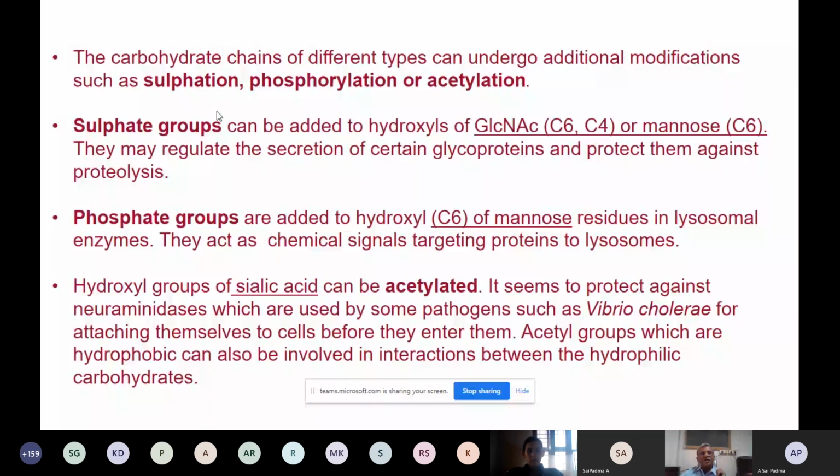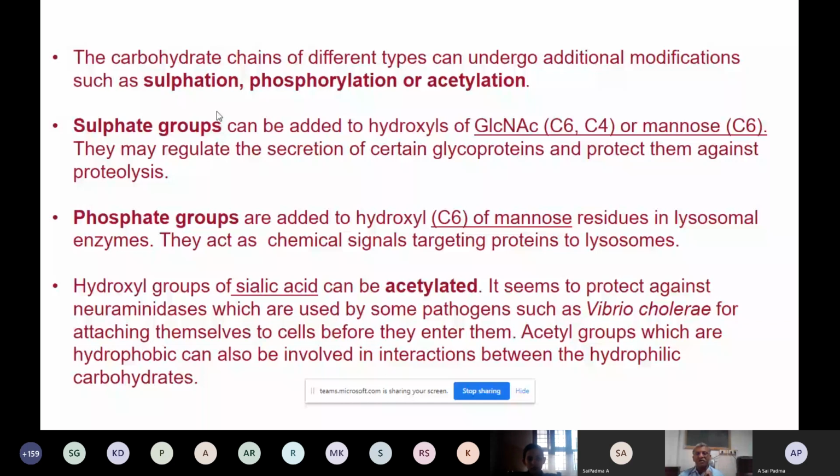The carbohydrate chains of different types can undergo additional modifications such as sulphation, phosphorylation, or acetylation. Sulfate groups can be added to the hydroxyls in N-acetylglucosamine or mannose. They may regulate the secretion of certain glycoproteins and protect them against proteolysis. Phosphate groups are added to hydroxyl groups of mannose residues in lysosomal enzymes.